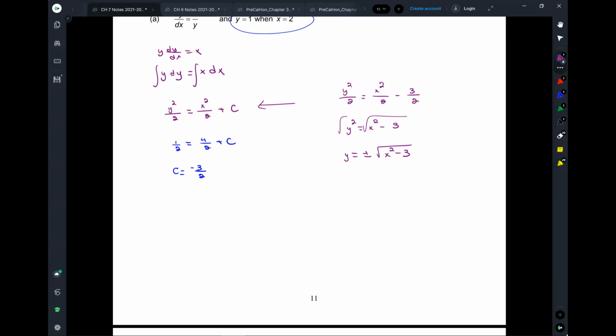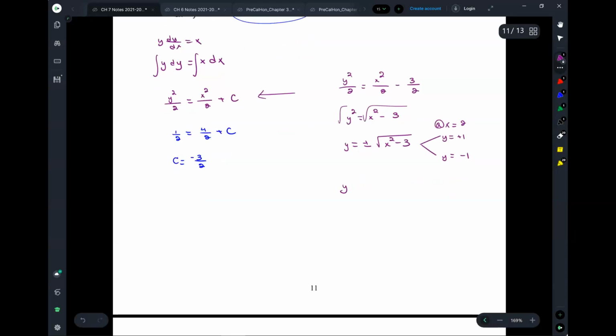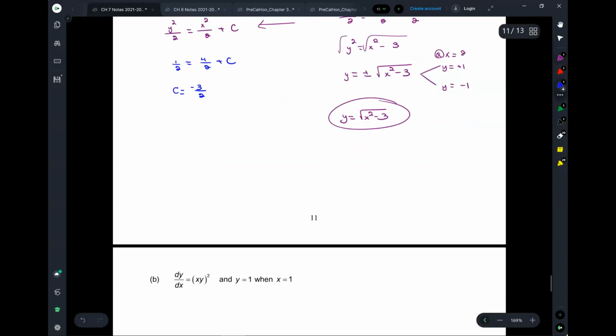So the way it stands now, at x equals 2, you can get two answers. You can get y equals positive 1 or y equals negative 1, but you can only get one of them, right? So which of the radicals are we going to choose? The positive one. So that's the solution. Next, what I want to do is identify the domain.